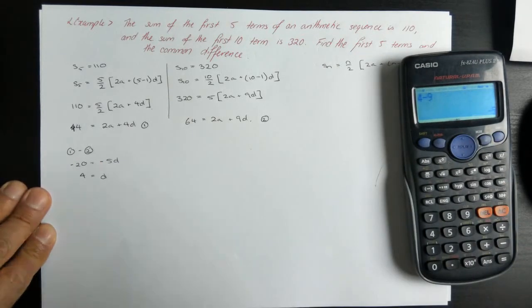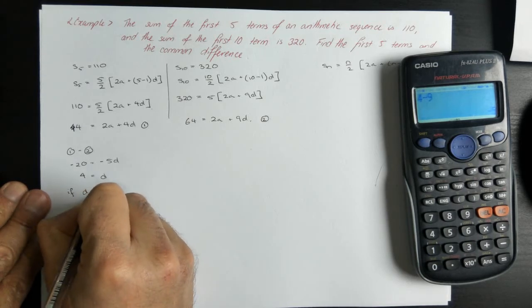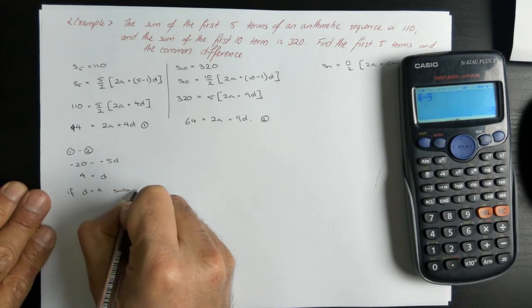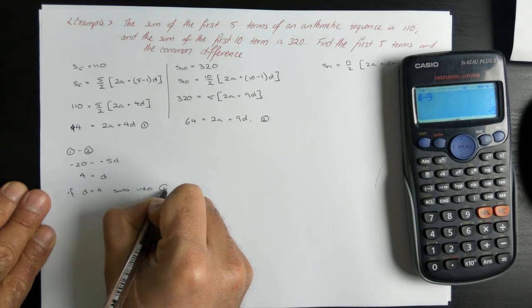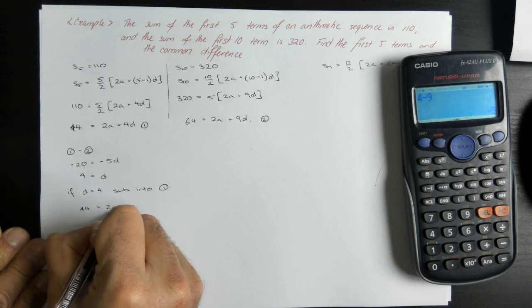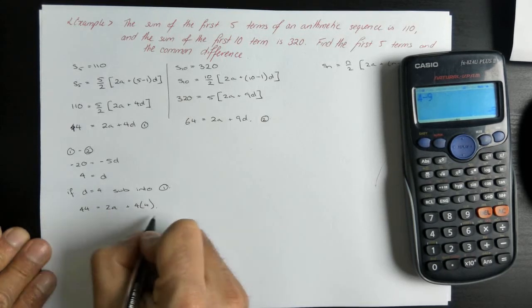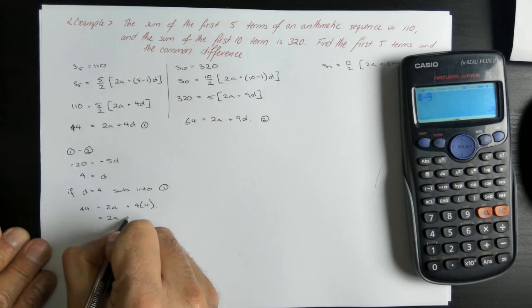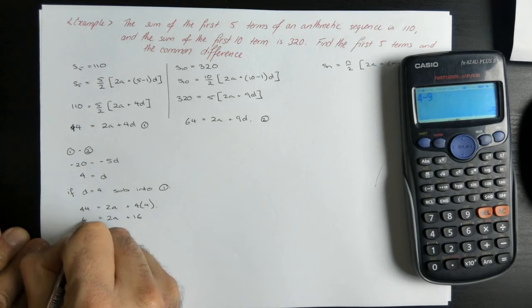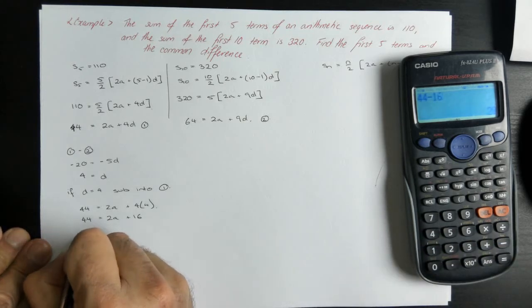Okay. If d equals 4, we're going to sub that back into equation 1. I get 44 equals 2a plus 4 times 4, so that is 2a plus 16. 44 minus 16, we get 28.